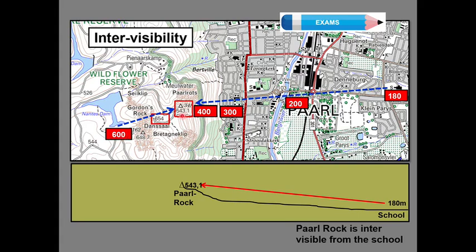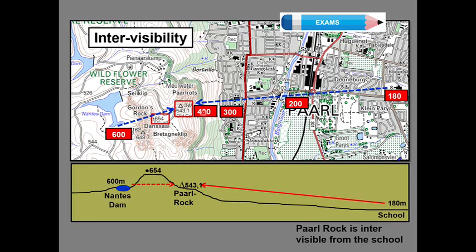And Paarl Rock, 543. But see what we've got in between: a blocking feature, because this height here is 654. There's something 54 meters high between the dam and Paarl Rock that's blocking your vision.